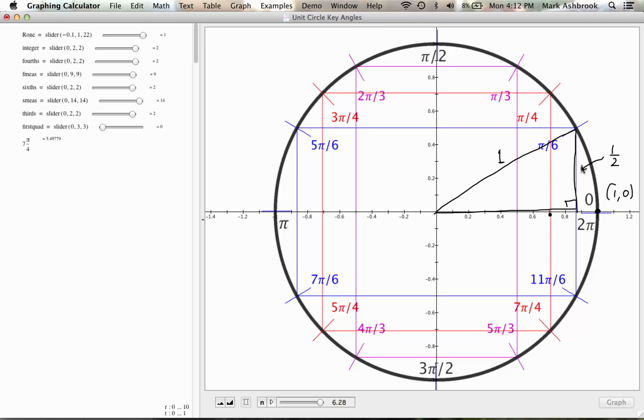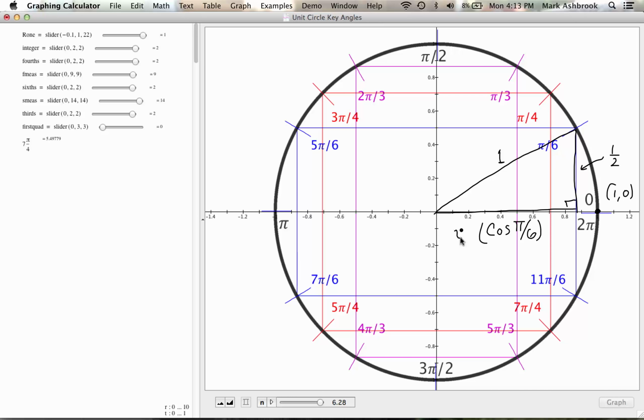So I gave you that piece of information, and I said, find the cosine of pi over 6, which would be the length of the base of this triangle, because that length is the same as the horizontal distance to the right of the vertical diameter in a fraction of a radius. So we can define what that is.